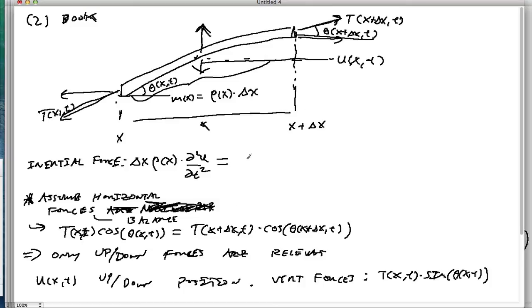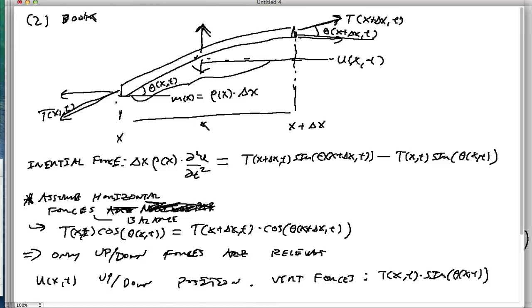So it's going to be T(x+Δx,t) times sine theta at (x+Δx,t), and then minus T(x,t) times sine theta(x,t).